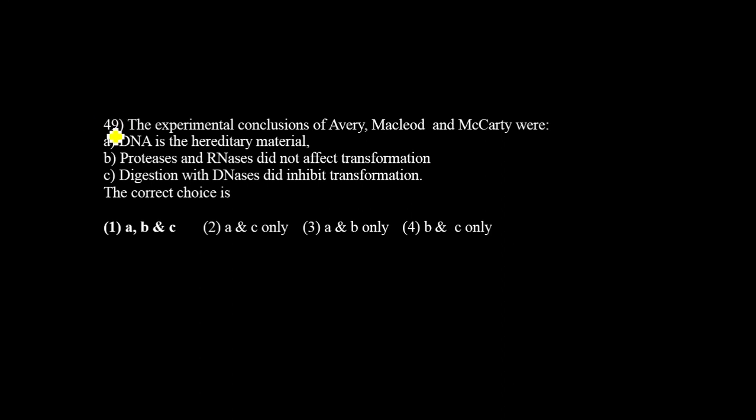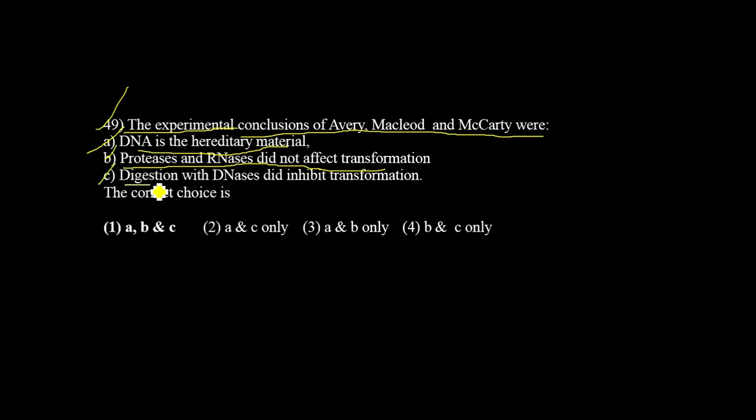Question number 49. The experimental conclusions of Avery, McLeod and McCarty were... See, DNA is the hereditary material, correct. They concluded that DNA is the hereditary material. B, proteases and RNases did not affect transformation, that is also correct.